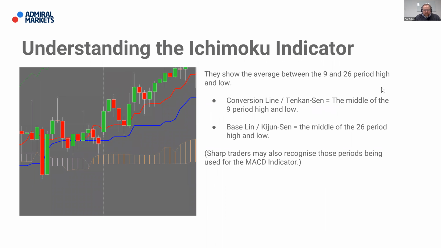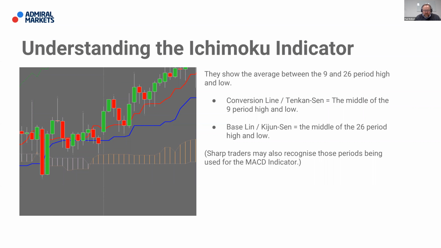So, as we said, they show the average between the 9 and the 26 period high and low. The conversion line, which in our chart here is red, Tenkan-sen, is the middle of the 9 period high and low. That's what it's plotting.